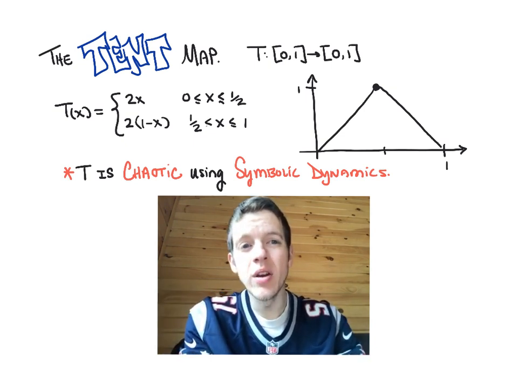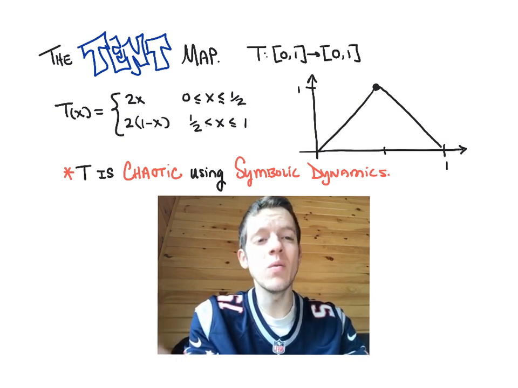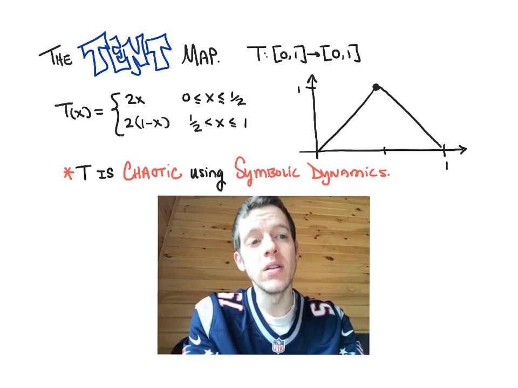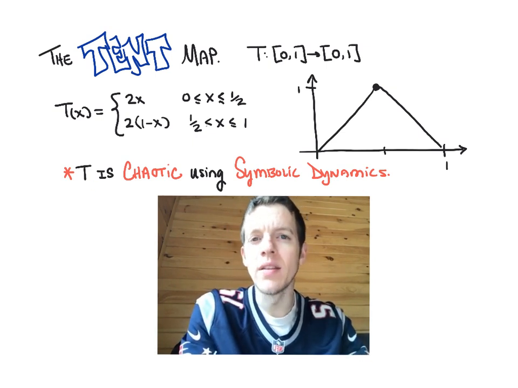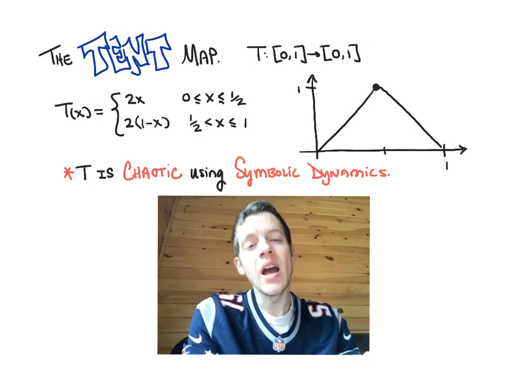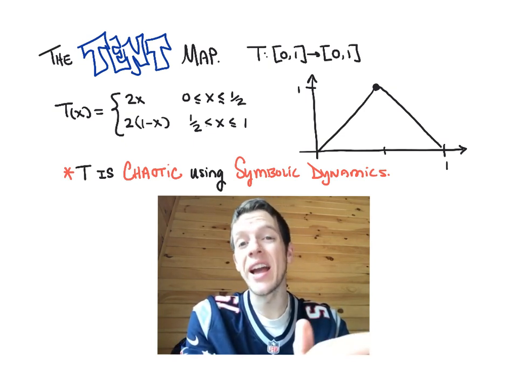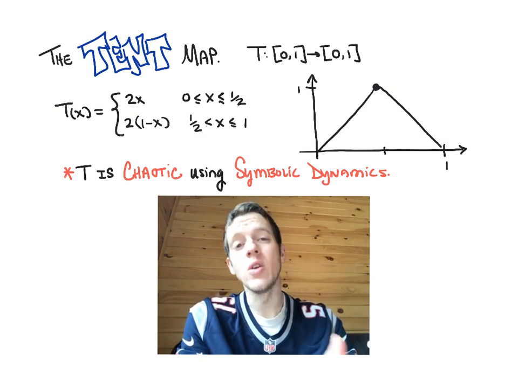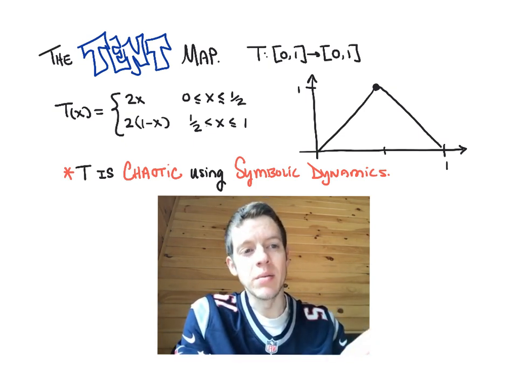We can actually show that T is chaotic using symbolic dynamics. In the last video we did Baker's map instead of the tent map, because the use of symbolic dynamics for the tent map is a little bit more complicated. I have posted a PDF on HuskyCT if you want to check out how they verify that. You have to use the definition of Devaney and symbolic dynamics.